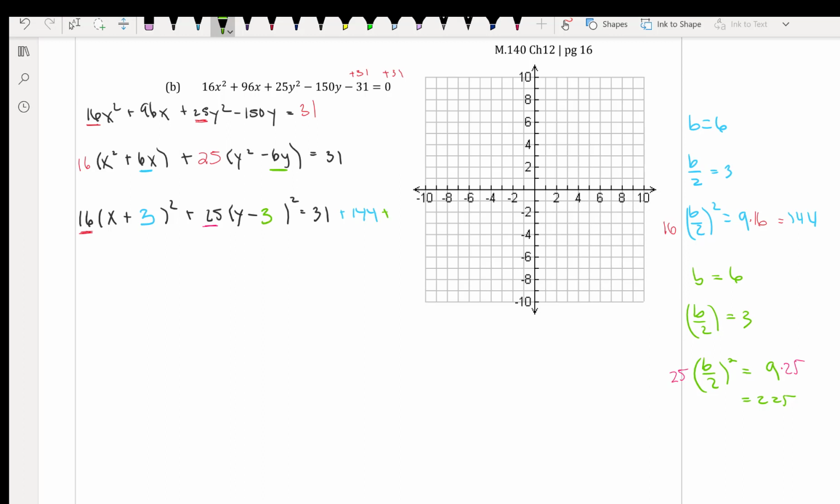And I'm also going to add my 225 to the opposite side as well. So now I have 16x plus 3 squared plus 25y minus 3 squared is equal to my 31 plus 144 plus 225, and it's going to give me a big number, which is just 400. So now, since I want it to equal 1, because the ellipse is always equal to 1, I'm going to divide everything by that 400.